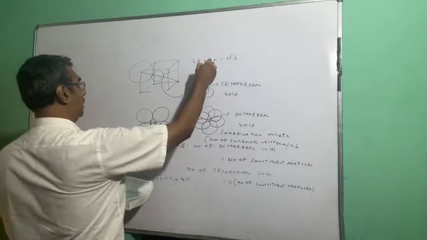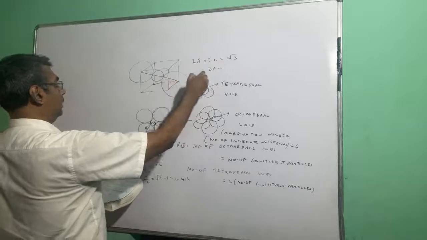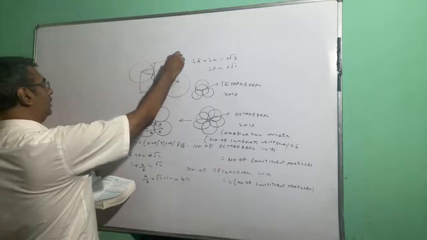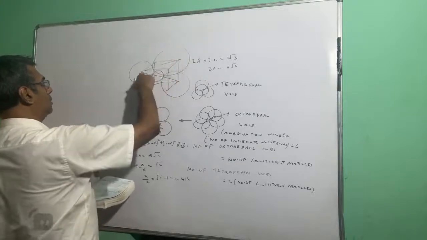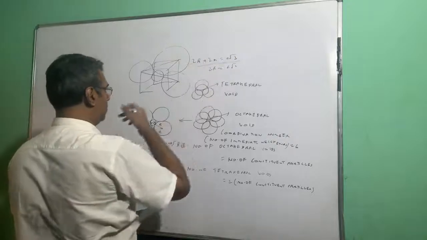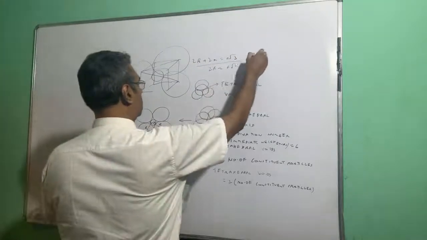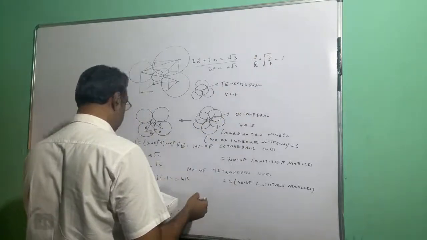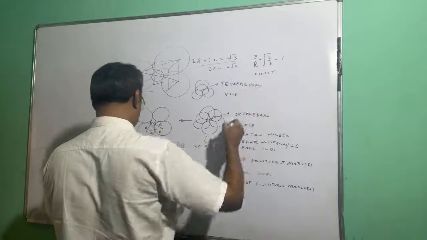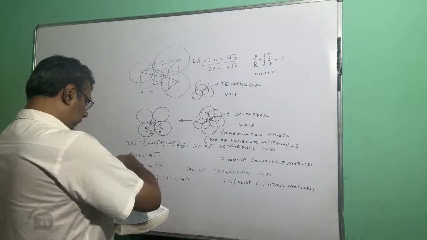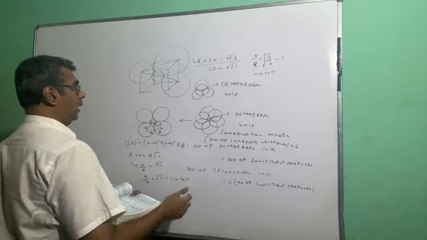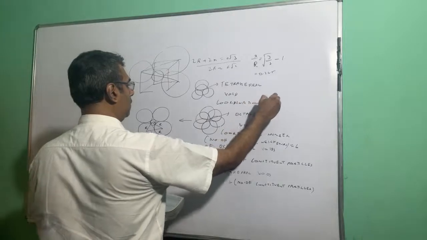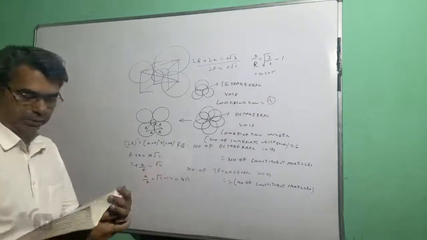And one more thing is 2 into capital R will be equal to a root 2, because there will be one particle here on the face diagonal. If you divide these two, small r by big R is root 3 by 2 minus 1, which is coming to 0.225. And here the coordination number is 4.